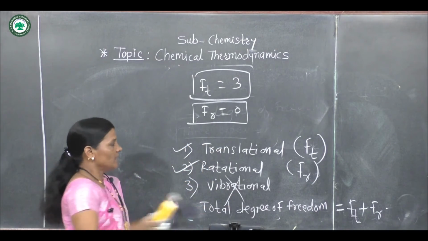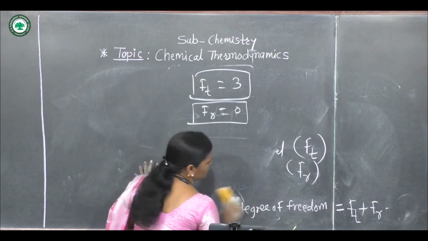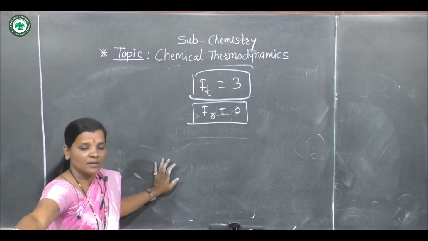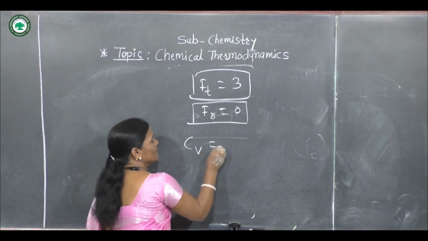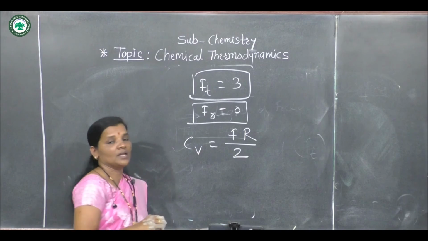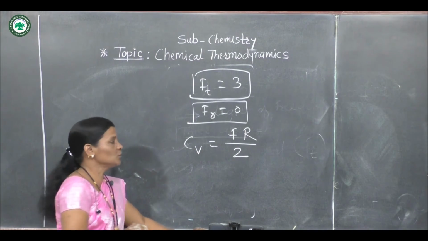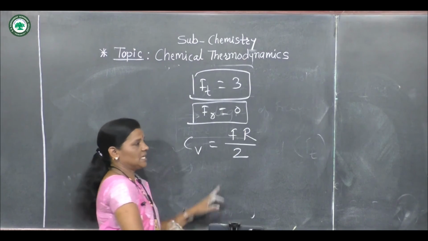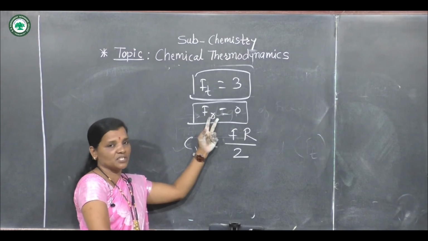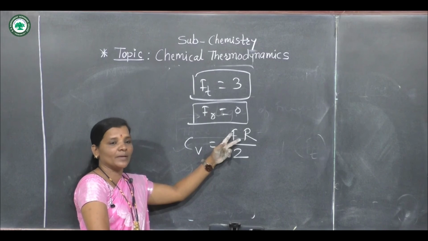So let us relate here, Cv is equal to F into R by 2. Here this F is the translational degree of freedom because FR is 0, so total degree of freedom will become 3.